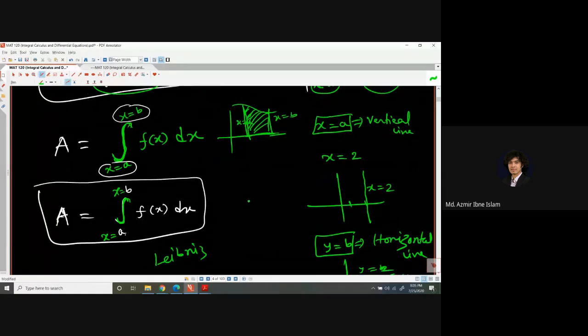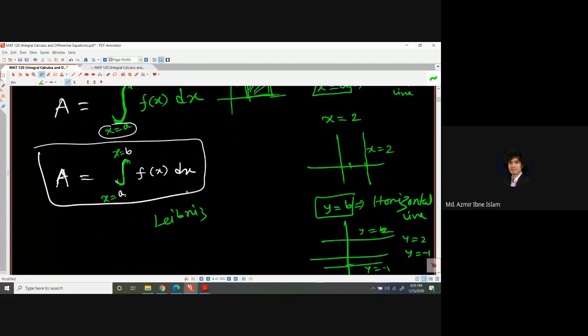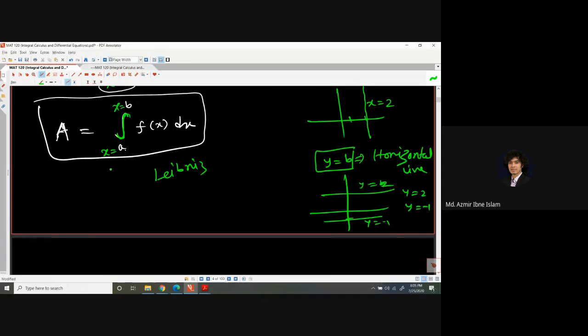Since we are finding the area in a defined interval or region, that's why it is known as the definite integral.